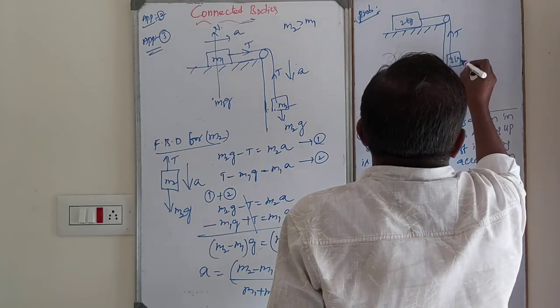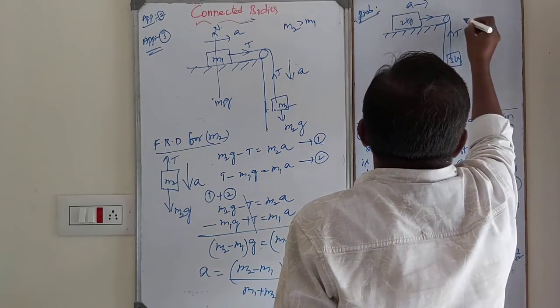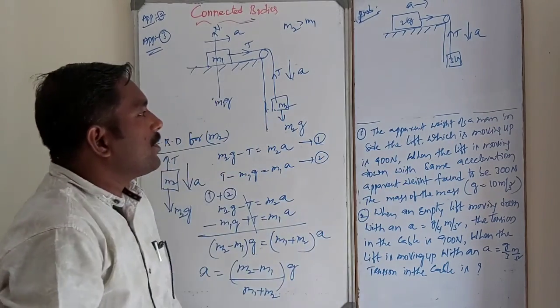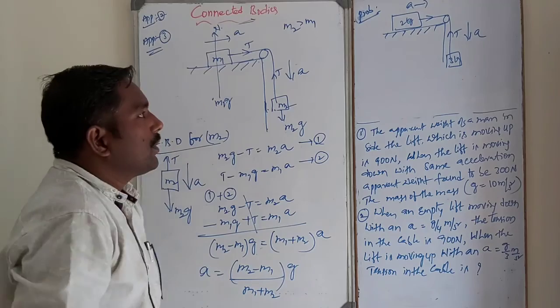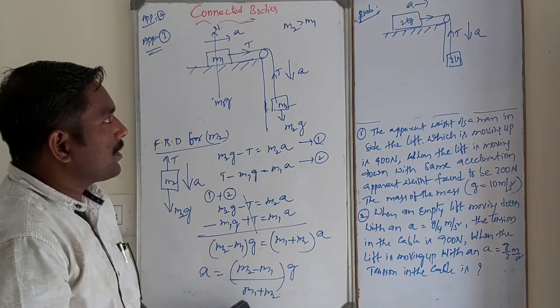This is the tension, and this is also the tension. This is the acceleration, because the 3 kg weight is more than the 2 kg weight. So find out the acceleration of the system.